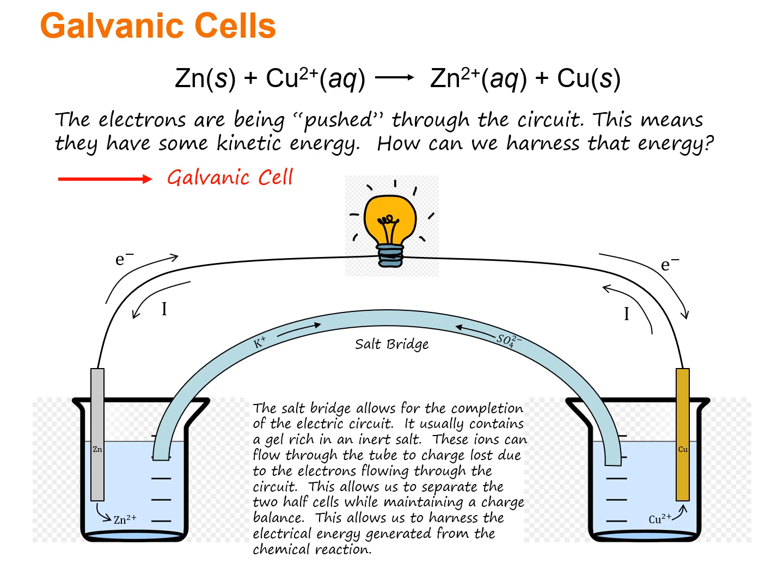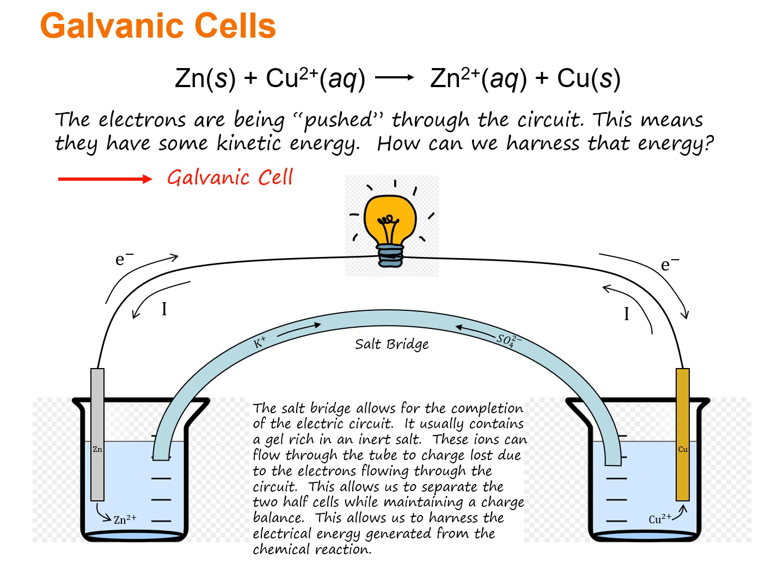So the salt bridge allows for completion of the electrical circuit. This is largely stuff I've just said, but it is important to reiterate and understand what this is doing. It just contains this gel and this inert salt. In this case, we're using potassium sulfate.